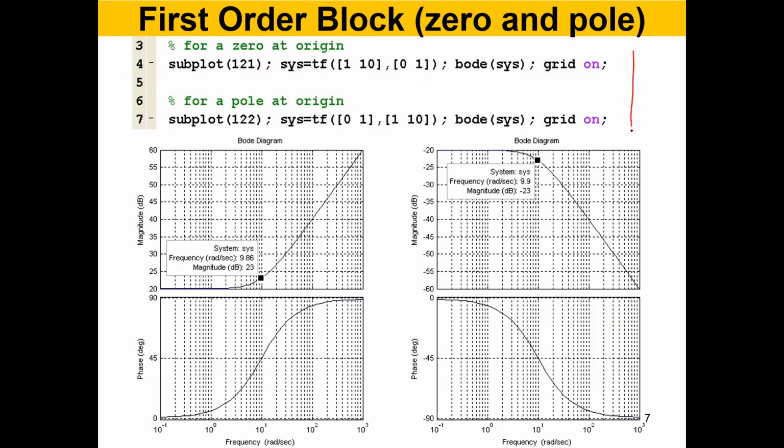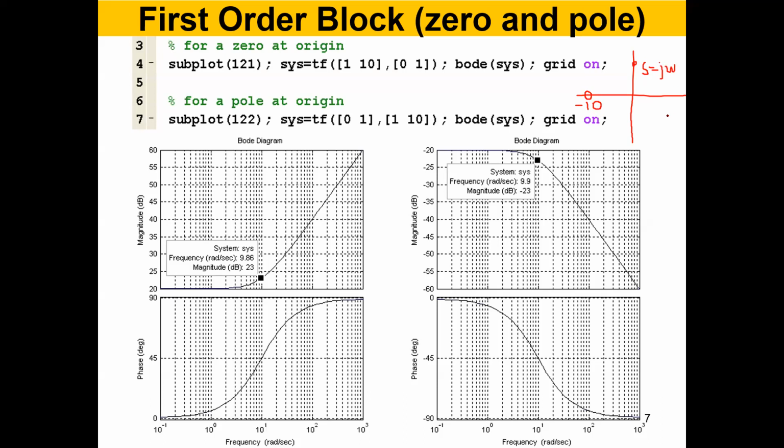If I draw the s-plane like this, [1 10] means you have a zero at minus 10. Now this is your point s equals j omega.